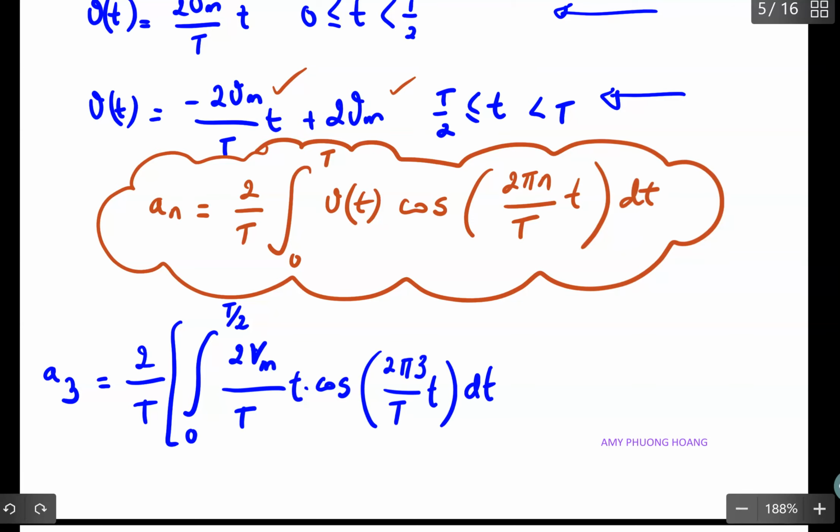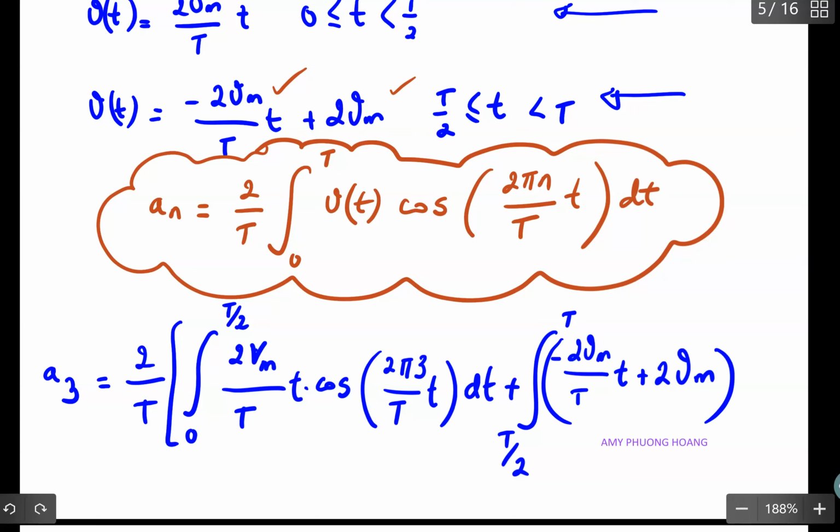I will add this with the interval of T over 2 to T, and right here I should have negative 2Vmax divided by T times t plus 2Vmax.